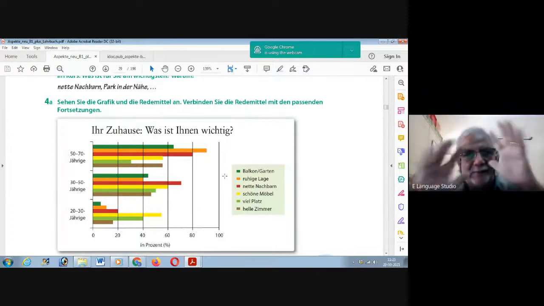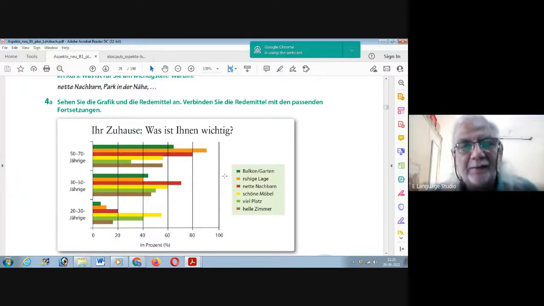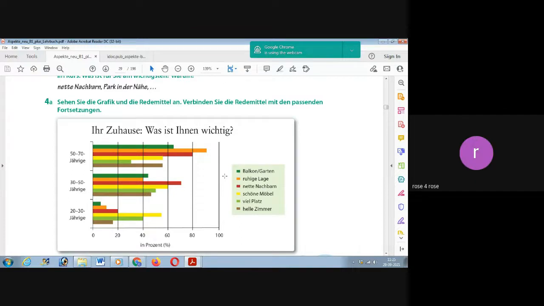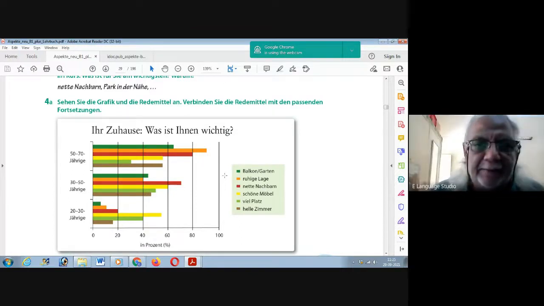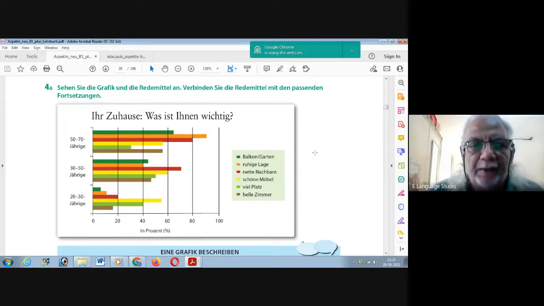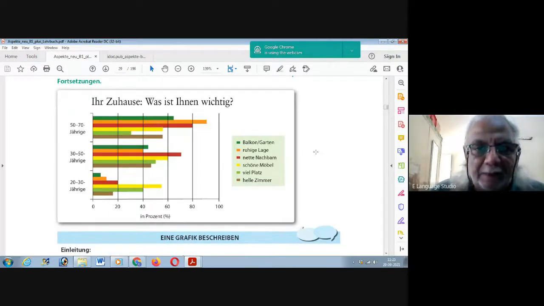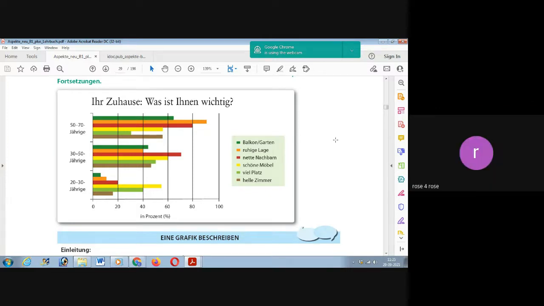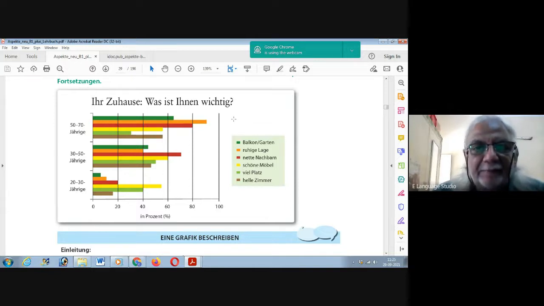So using these kind of Redemittel, vocabulary, is important. This is what the examiner is looking for. I find, I see, I can observe, I feel that for them, it is obvious that: es ist auffällig, dass die 50 bis 70-Jährigen brauchen eine ruhige Lage.